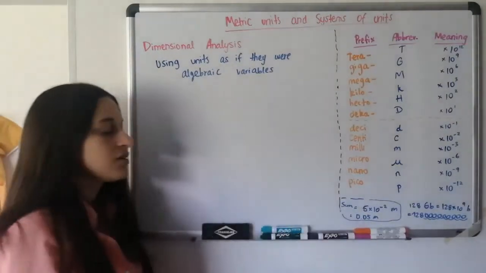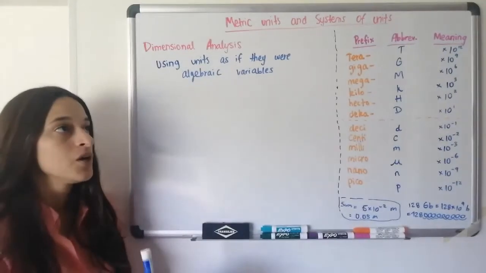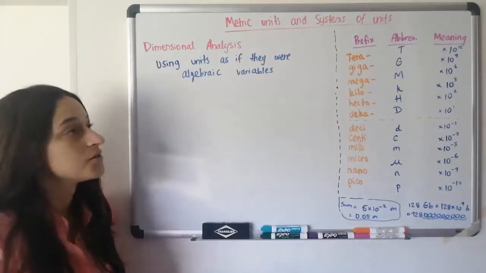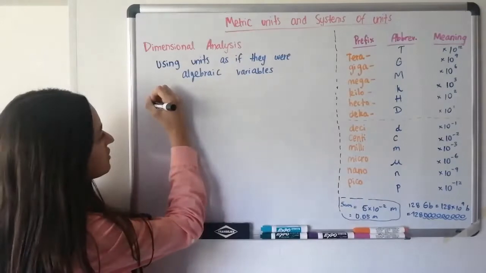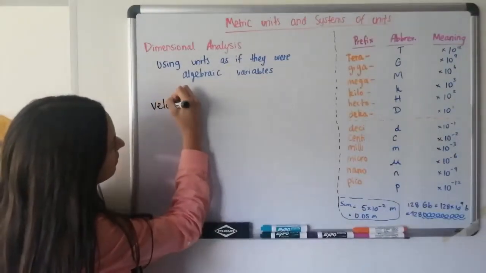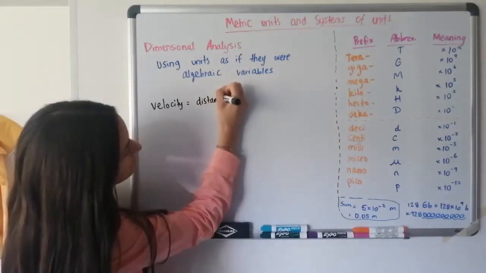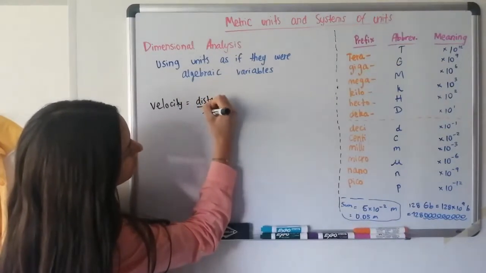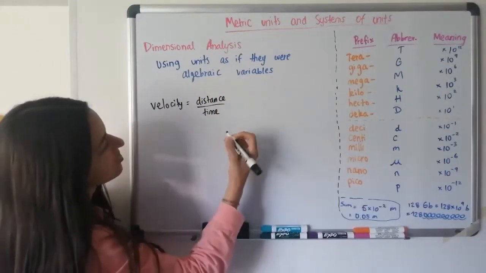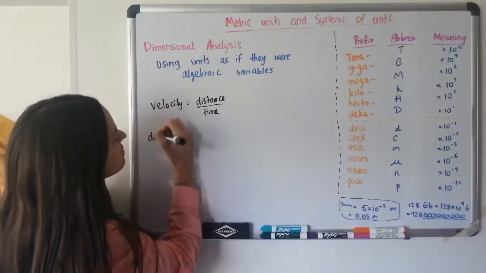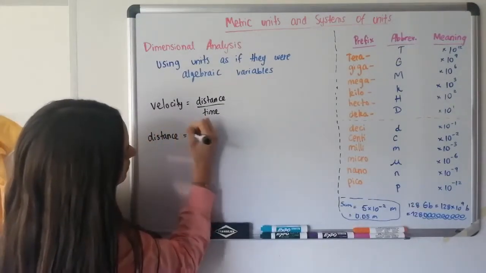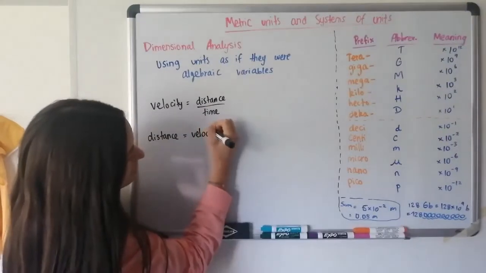As I was telling you in the previous video, we know that velocity is distance over time. So if we multiply time on the other side, we're going to get the equation distance is velocity times time.